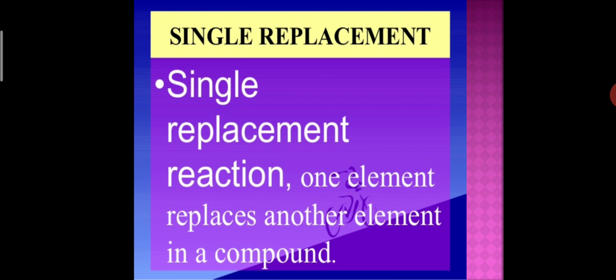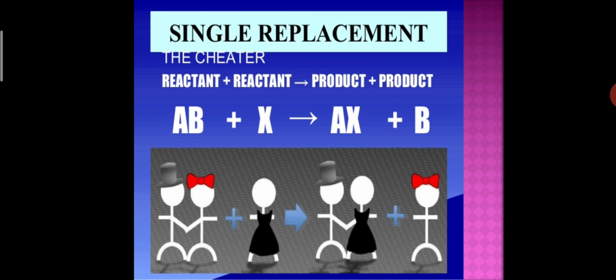One element takes the place of another element, or we can say a more reactive element replaces a less reactive element from its compound. Let's see with an example. Reactant plus reactant gives product plus product.